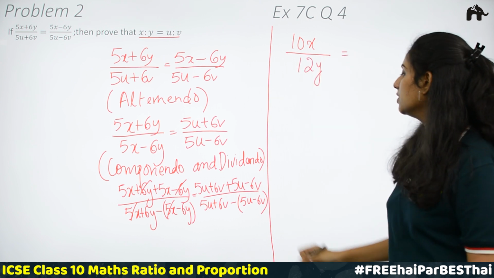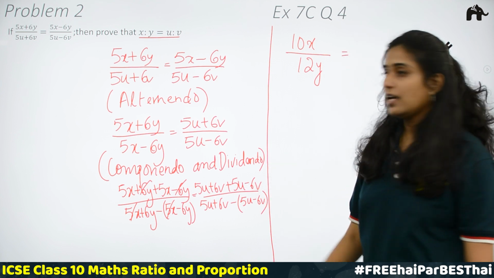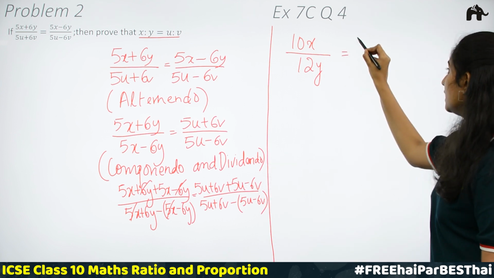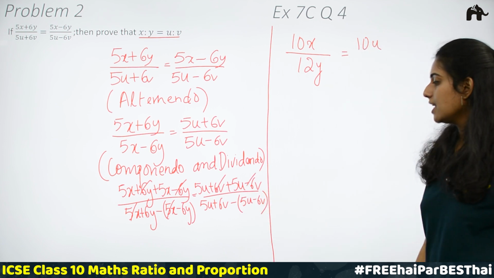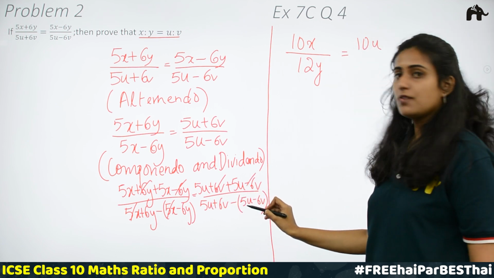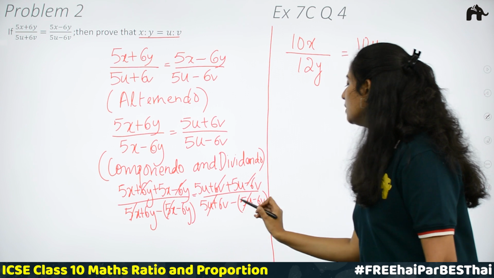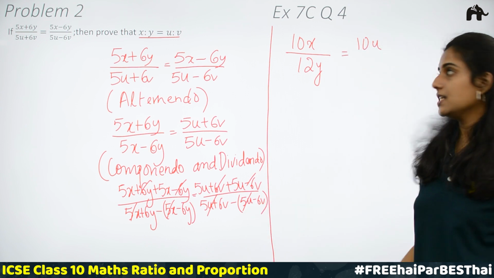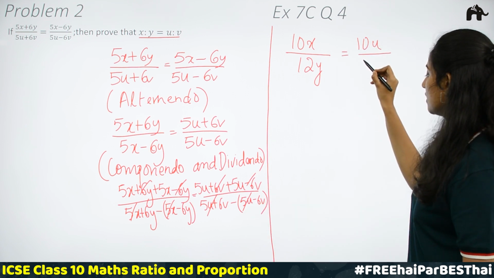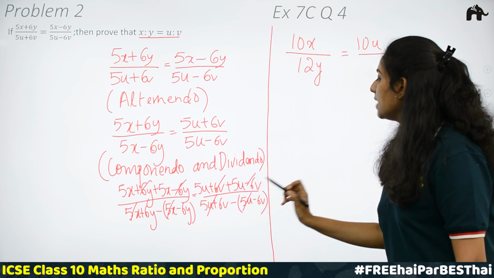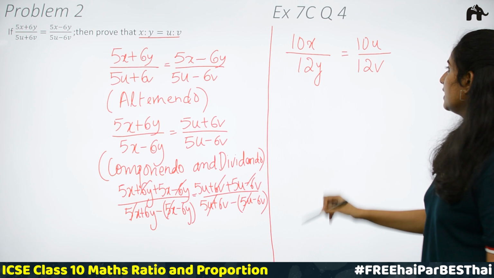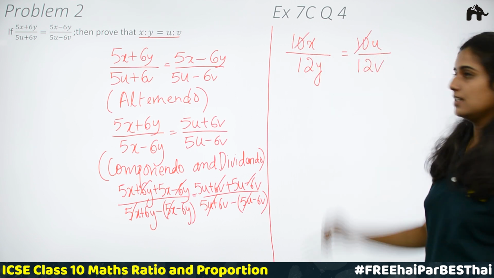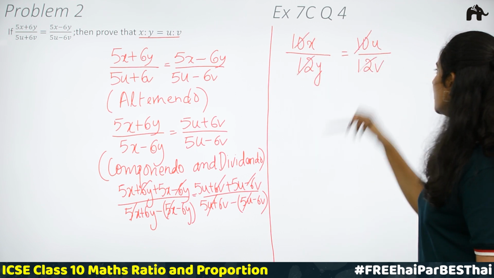Is equal to, here 5u plus 5u is 10u. 6v and minus 6v can be cancelled. 5u minus 5u cancelled. 6v minus of minus 6v, 6v plus 6v is 12v. This 10 and this 10 can be cancelled. 12 and 12 can be cancelled.